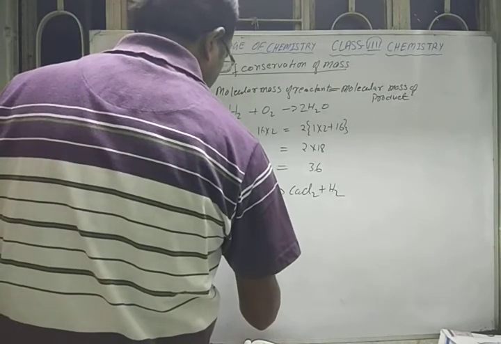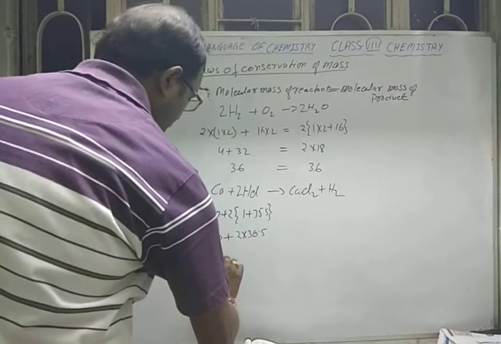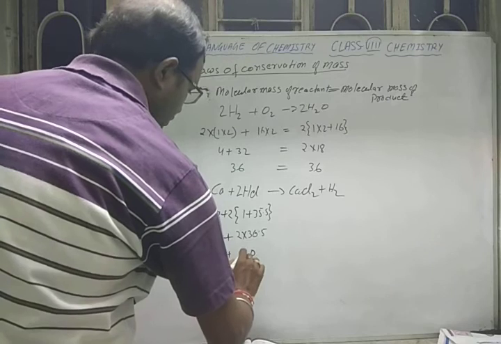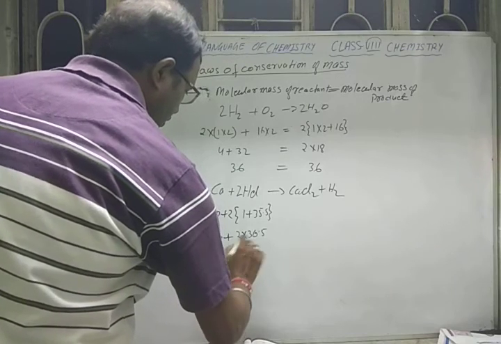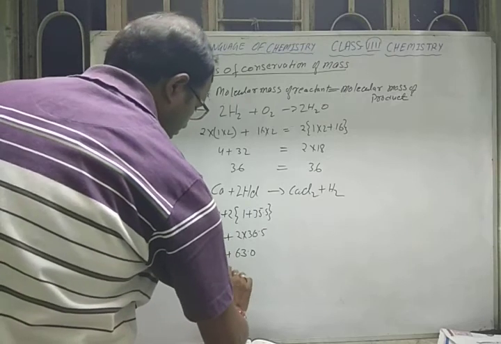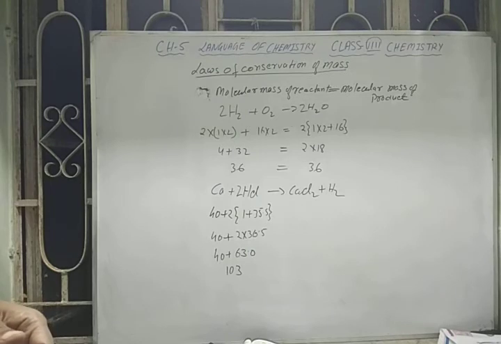So 2 into 36.5 is 73, and 73 plus 40 is 113. So the left hand side, the reactant part, is 113.